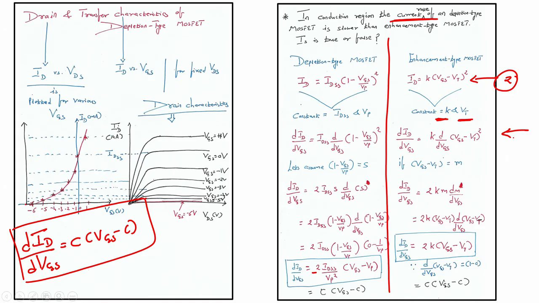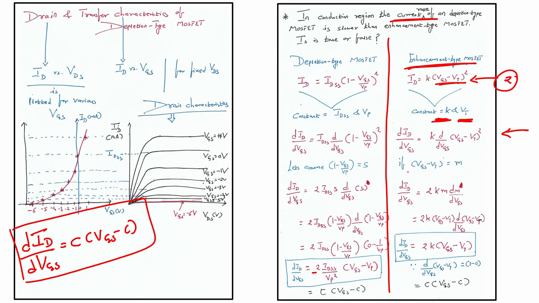So, let us start. We know that for the enhancement type MOSFET, your current ID is K times (VGS minus VT) whole square. Here K is constant and VT is constant, right. So, if I start differentiating, dID by dVGS is nothing but K times d by dVGS of (VGS minus VT) whole square.